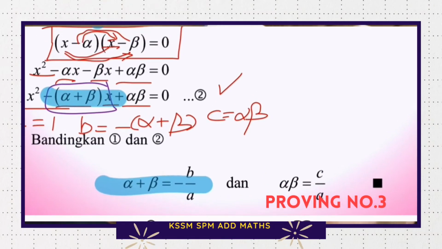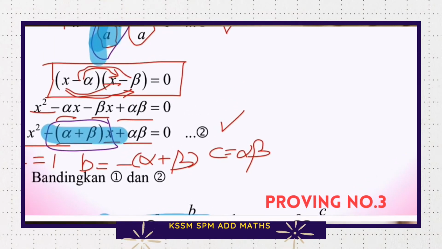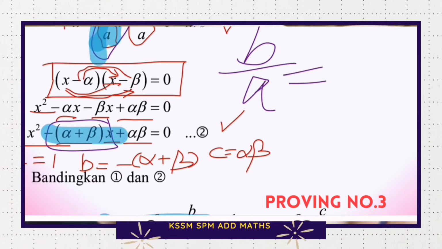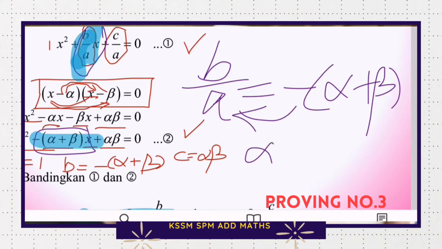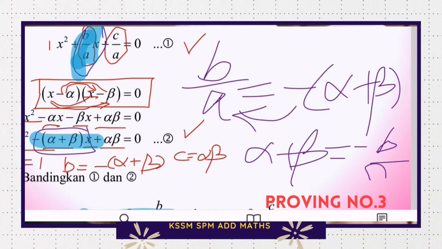That's why alpha plus beta is equal to negative b over a, meaning that we will write b over a is equal to negative alpha plus beta. So this negative bring over, so alpha plus beta is negative b over a. So we prove that we get this formula, right?